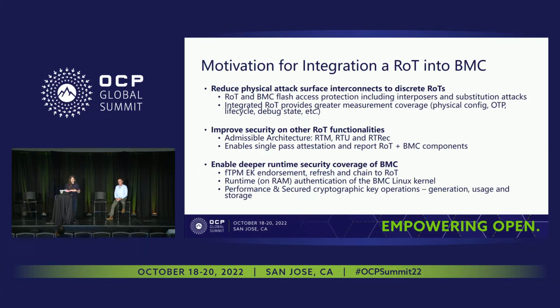So ultimately, the motivation for going down a path of, hey, let's integrate a root of trust into the BMC is very similar to the discussion earlier on Project Kirkland and the demo that's out at Intel's booth.